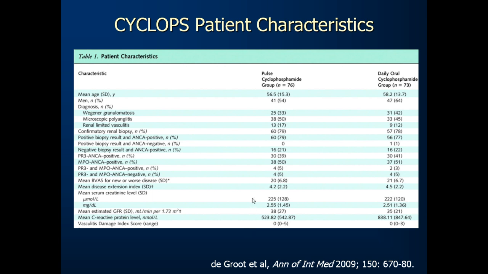So patient characteristics are pretty similar. I include this to show that about half the patients had MPA, about a third had GPA, and then there were some who had what they call renal limited vasculitis.